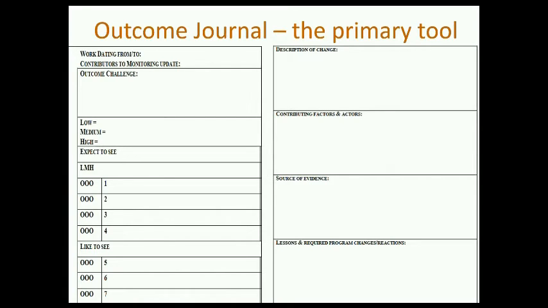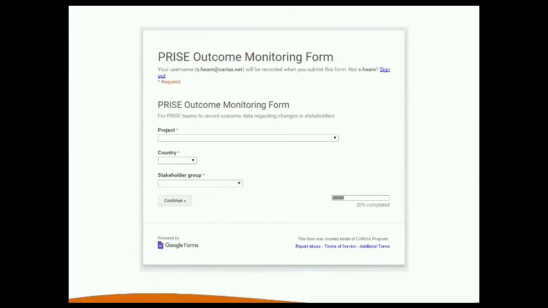I just wanted to give you a quick example. This is what you'll find in the outcome mapping manual, the outcome journal, the primary tool. And this is just one example of how it's been adapted for a multi-country climate resilience program. So this was a multi-year, multi-country program, and their data collection was ongoing.